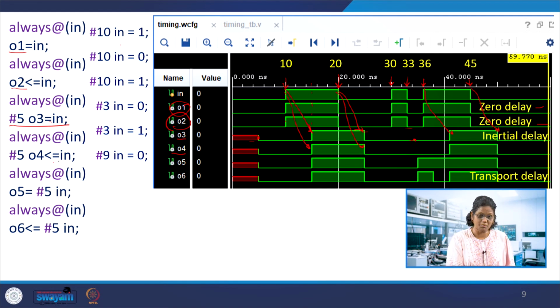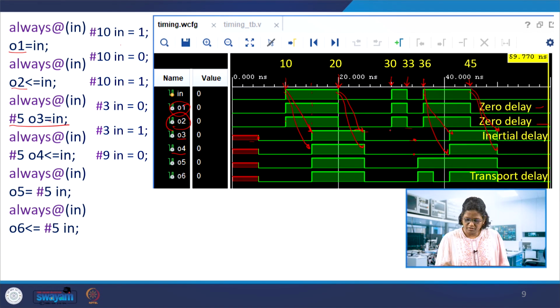Because there is no other sequential statement in this block, this would also neglect those assignments at 5, and the initial one over here. So that's also a shift of 5 time units in the output. But for an initial delay, the preferable one is the blocking statement instead of the non-blocking statement. If there is anything else near the non-blocking statements, you won't be expecting the same output here.